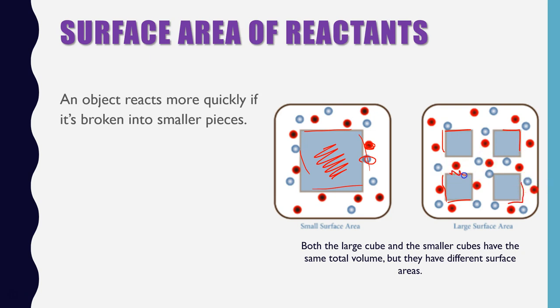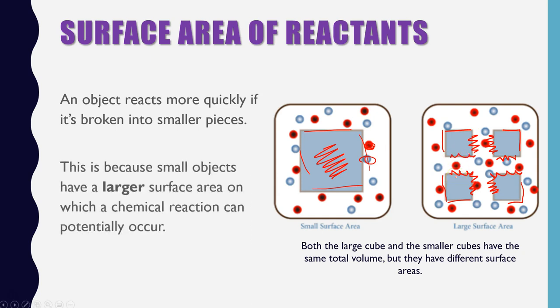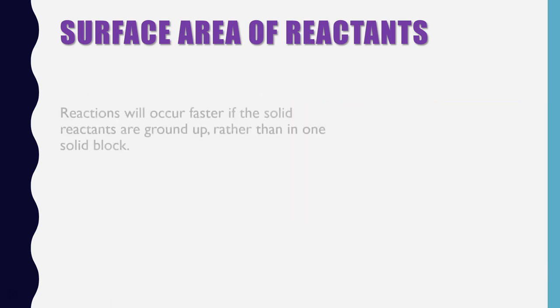Now we have all these extra surfaces exposed, so we have more reactant available to collide with the other reactant particles in solution, which means we're going to increase the number of collisions between reactant particles, increasing the chance of a successful collision, therefore making our rate go faster.